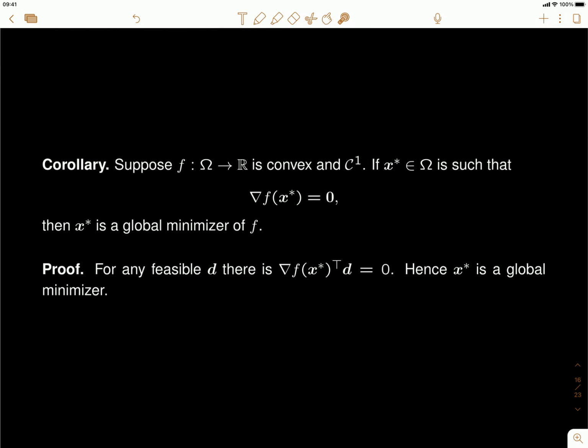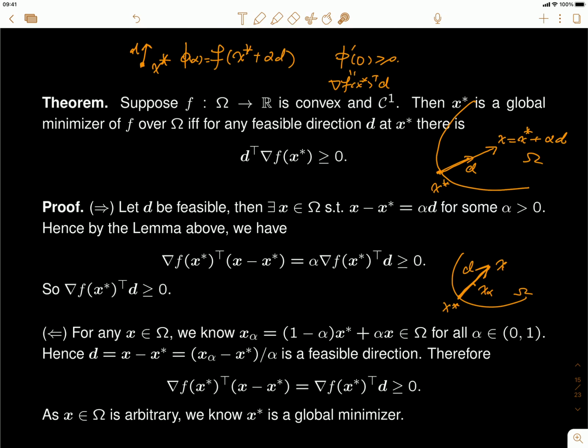Okay, a corollary of that is just what we said. If it's an interior point and the gradient of f at x star is equal to 0, then, not necessarily interior, as long as the gradient of f at x star is equal to 0, we can claim that x star is a global minimizer. And the reason is you just look at that. If this is equal to 0, then it doesn't matter what direction you multiply, feasible or infeasible.